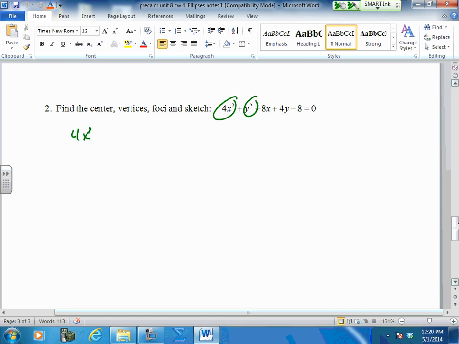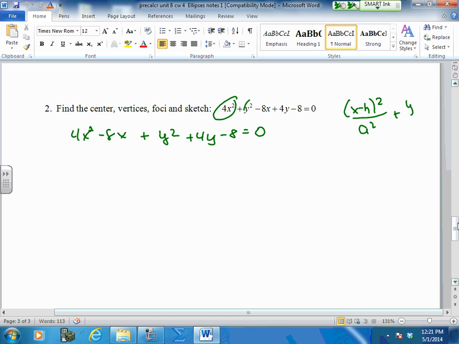4x squared minus 8x, and then plus y squared plus 4y. Now, we noticed when we did the ellipse equation that it was x minus h squared over a squared plus y minus k squared over b squared.